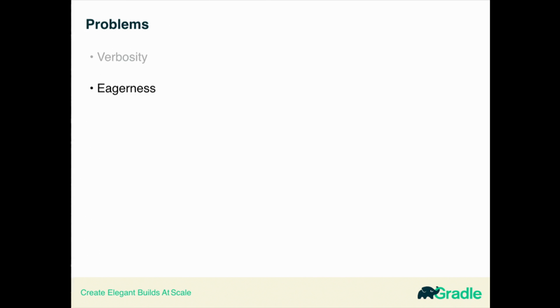It makes sense to do it that way because you don't want to repeat yourself. But one thing you might not realize is this is all executed eagerly. So as soon as you execute the root project's build script, you are eagerly walking over all the subprojects in your build and executing all that logic, which is expensive.